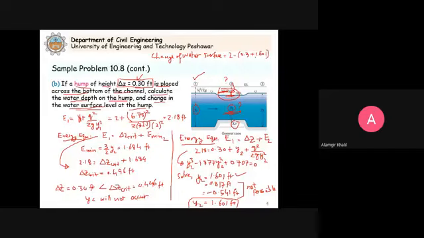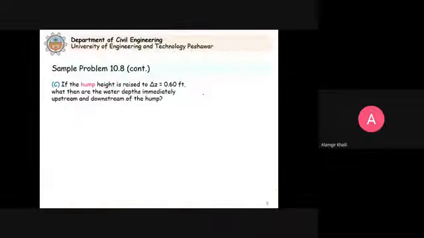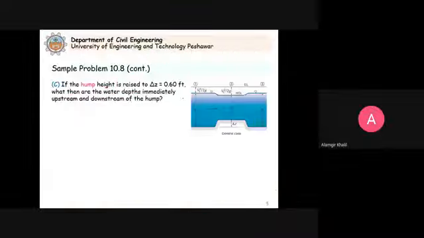So 2 minus this summation. This will be the change in the water surface, which is equal to 0.099 feet. This is the change of the water surface. So this is part B of the question. Clear? Now next we go to part C of the question.